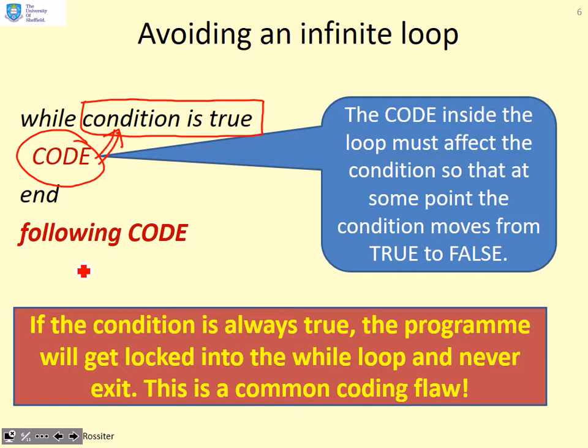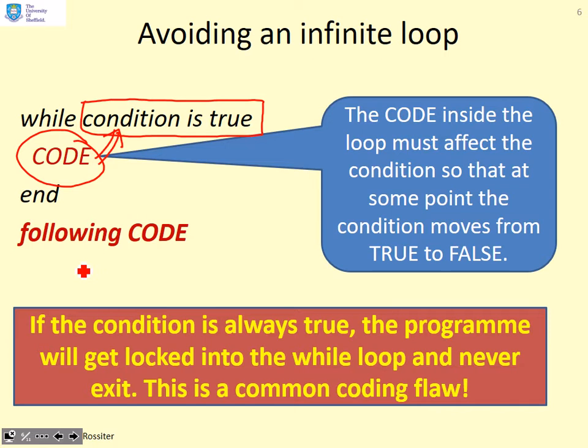So if the condition is initially true, then the code must be able to change that condition so that the next time you check it, it could potentially be false. If that code can have no impact on the condition, then if the condition is true, it's always going to be true and you'll be in an infinite loop.